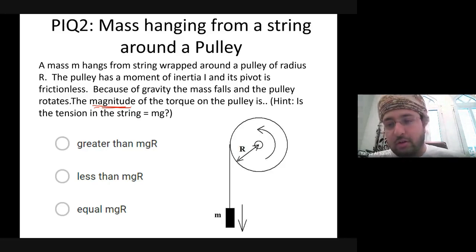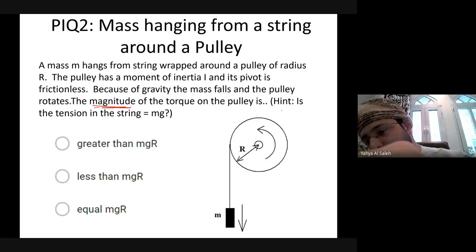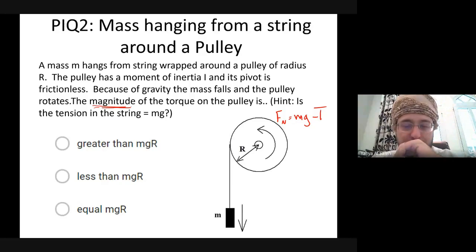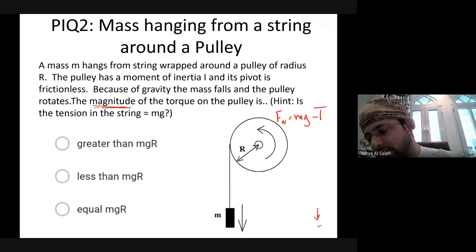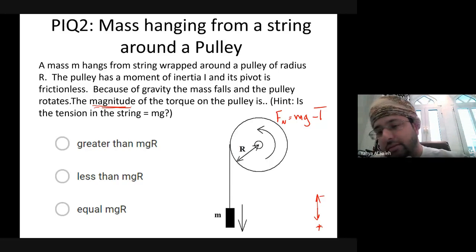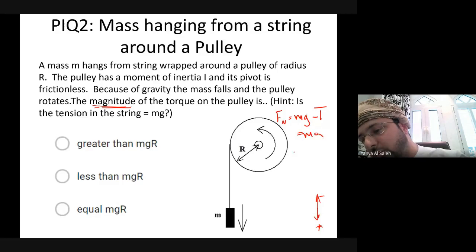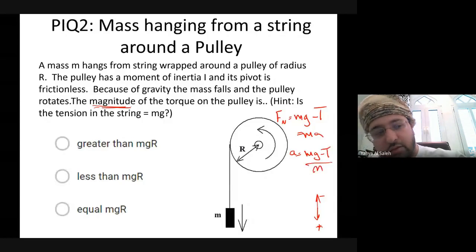What is my force here? What is my F net? mg minus T. Okay, I have chosen that down is positive, up is negative. So mg minus T is equal to ma, which means my acceleration will be mg minus T over m.